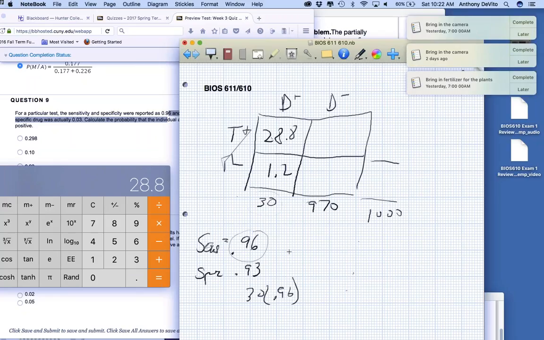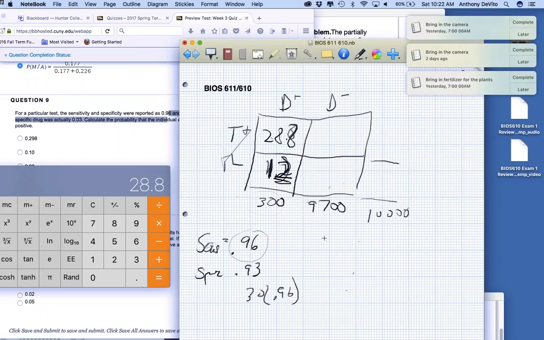So, in fact, if I had made this 10,000 and this 300, this would be 288 and this would be 12. I'm going to do that just to round these numbers off. My simplification didn't work out that well this time around. Let's do this. So 9,700 people, I will get a negative drug test for people that didn't use drugs.